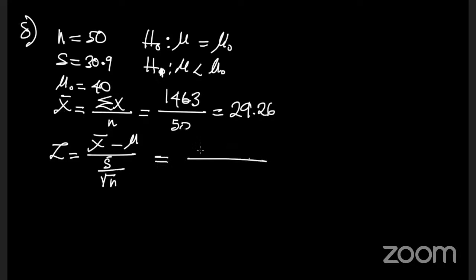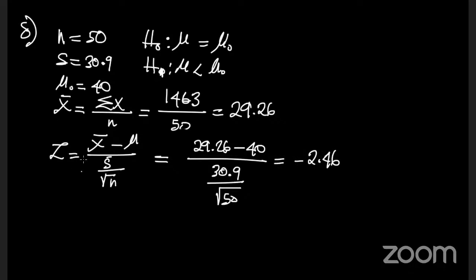So this is equal to 29.26 minus 40 divided by 30.9 all over the square root of 50. If properly done, this should be negative 2.46.